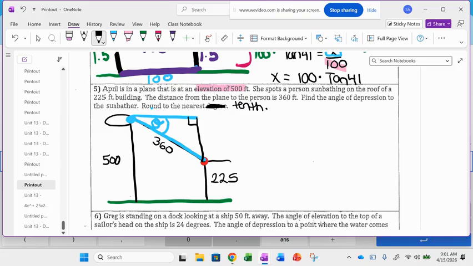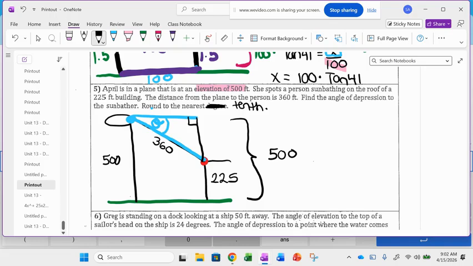And not only am I making a right triangle, which is exactly what I want, what is this bigger shape here, if you had to take a guess? A rectangle, yay. It is a rectangle. And in a rectangle, aren't opposite sides congruent? So if the left side is 500, then the right side is also 500.